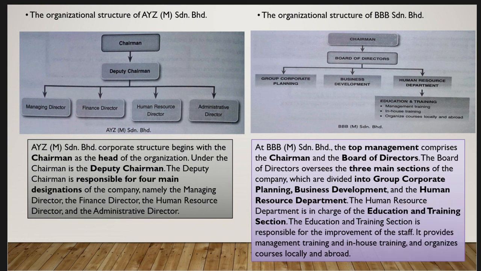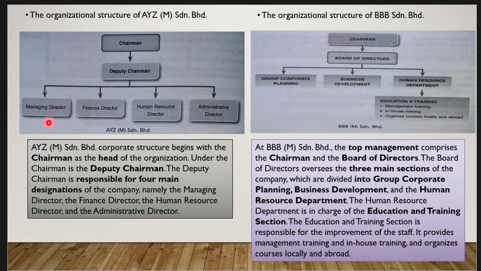These are examples of charts that one may have for their companies or organizations. For example, the first one, this is the chairman. The chairman is the top person, and then comes the deputy chairman, who answers to the chairman.